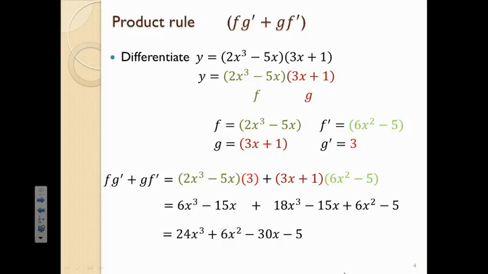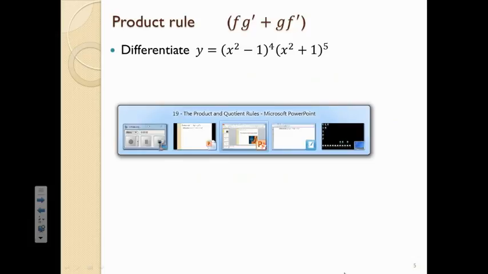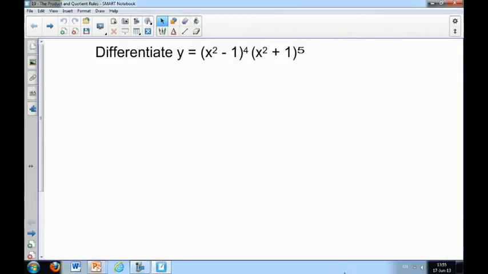Again, for simple ones like this, it's probably easier just to multiply it out and take the derivative, but we're going to get into more complex ones where you really don't want to multiply it out. And again, back to the example that we had before. If we have this one, what we need to do is identify our f and our g. Now I'm going to switch to my other utility simply because I need more board space.